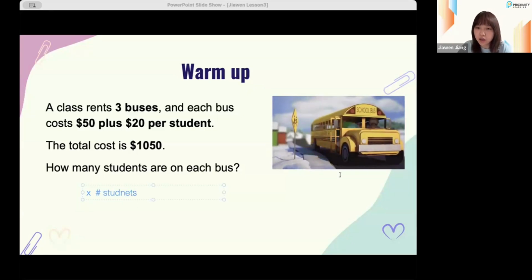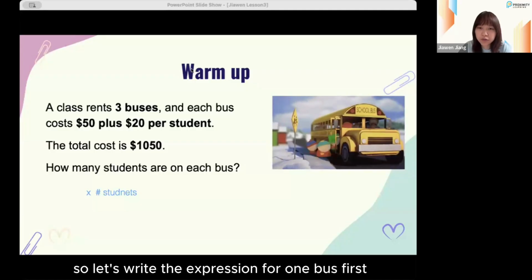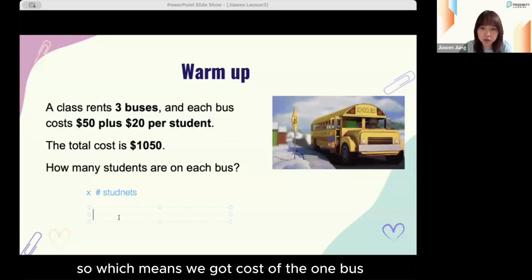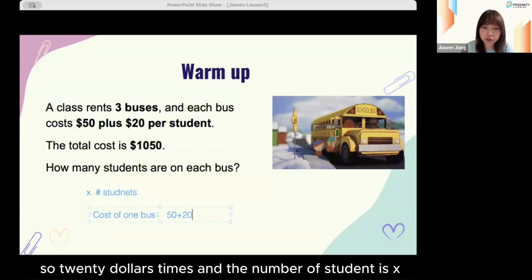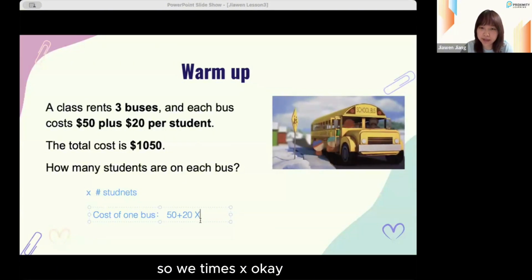Let's do this first. Let's write the expression for one bus. The cost of one bus is $50 plus $20 per student, so $20 times the number of students, x.